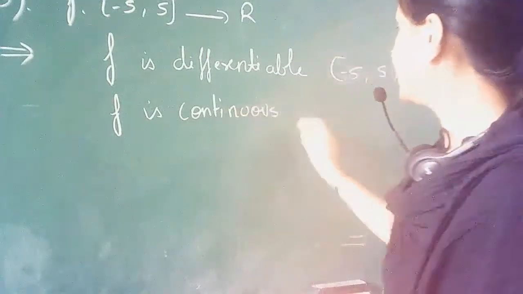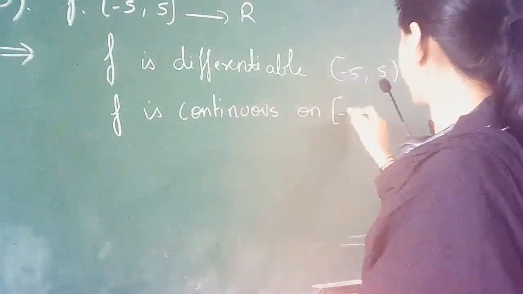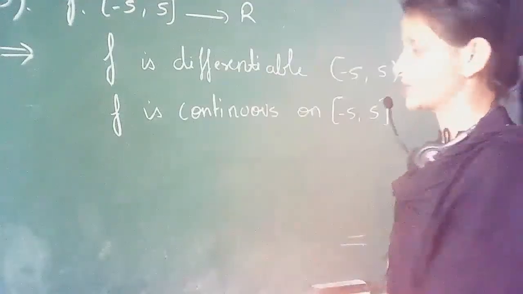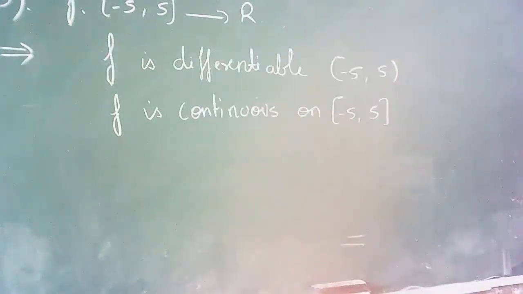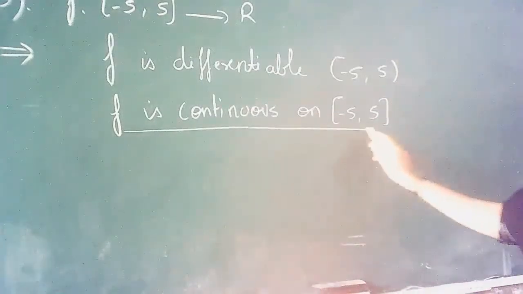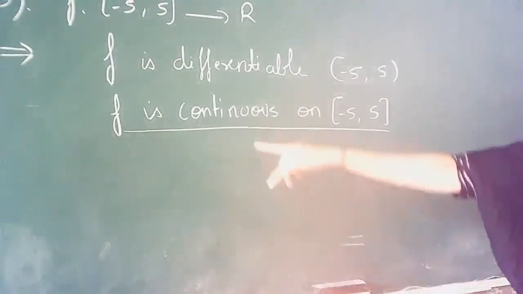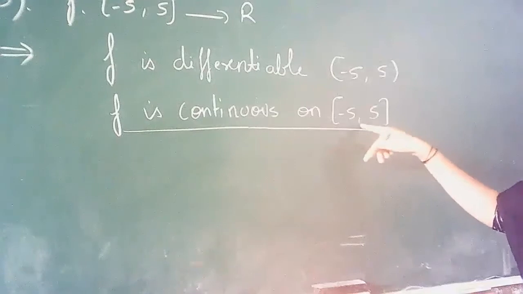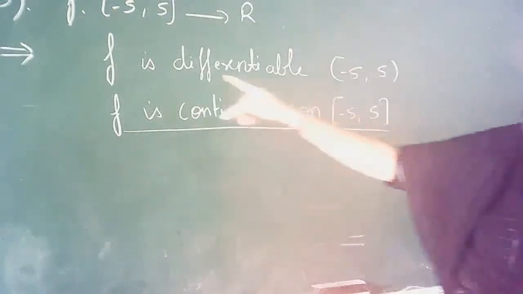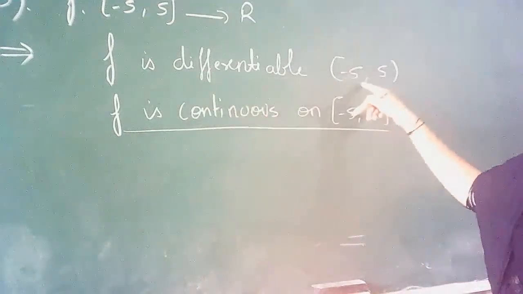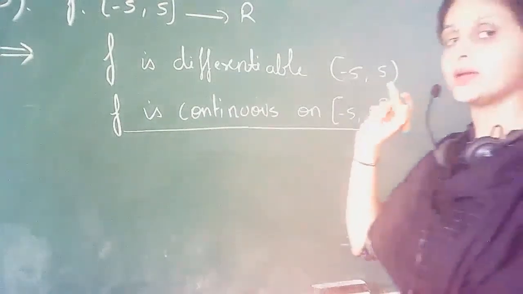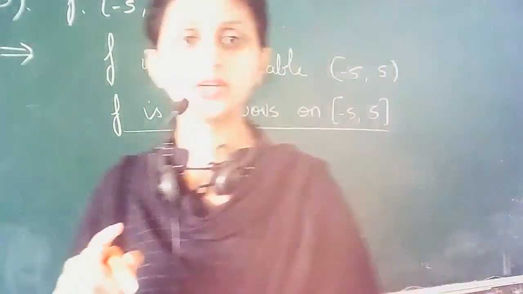Every differentiable function is continuous. So from that theorem, we can conclude that the function is continuous on the closed interval minus 5, 5. Now observe here, students, we have two things. The function is continuous on the closed interval minus 5, 5. It is differentiable on the open interval minus 5, 5. So can we apply the mean value theorem, students?